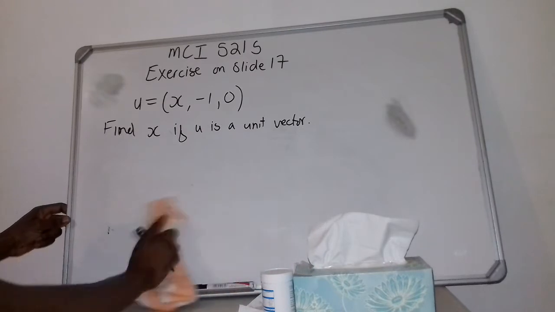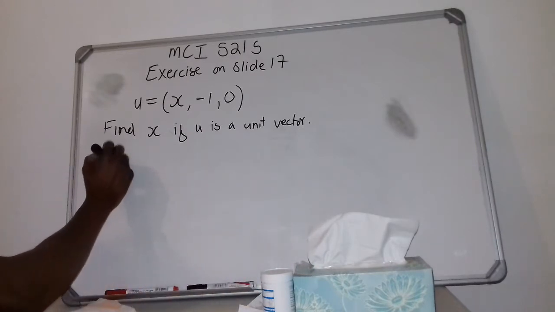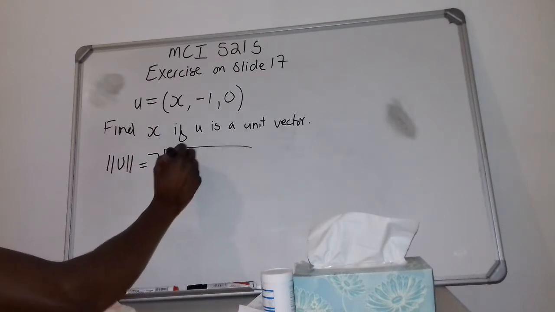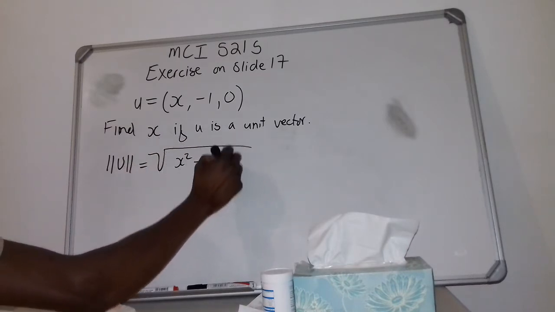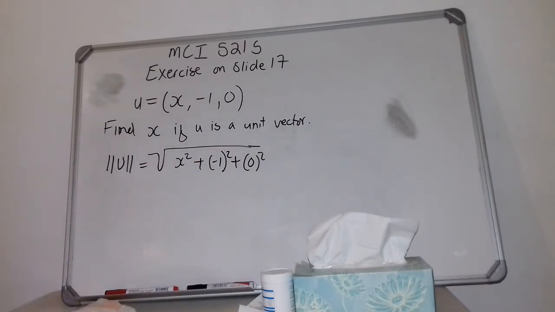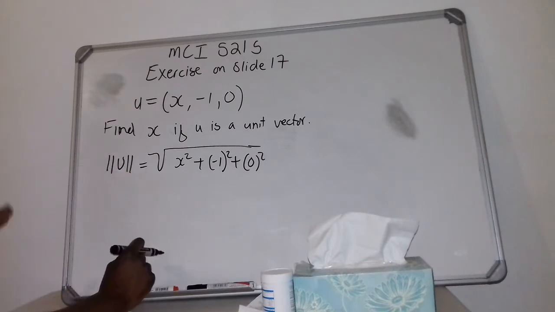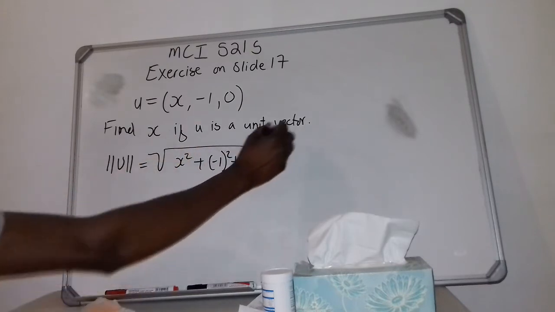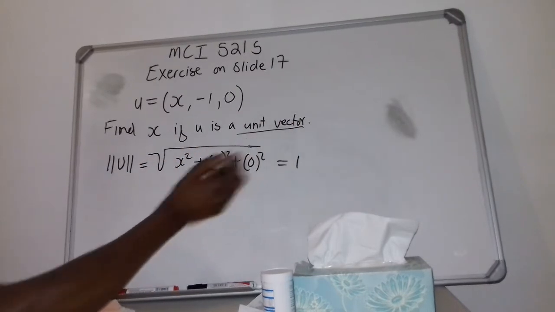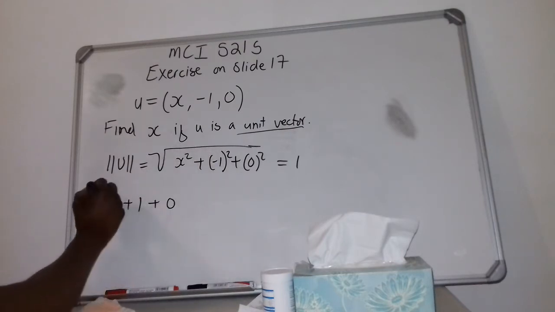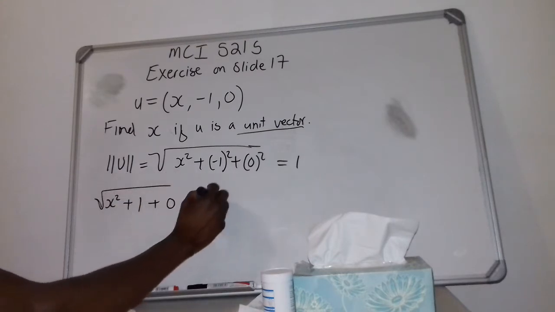So we say the absolute value of u is equal to the root of x squared plus negative 1 squared plus 0 squared. But we know that if this vector is a unit vector, then everything under the root is equal to 1.